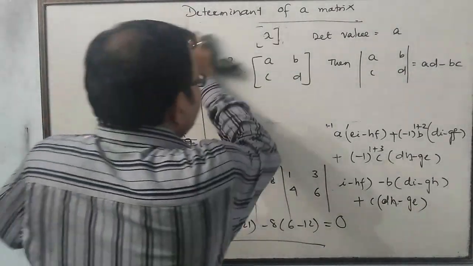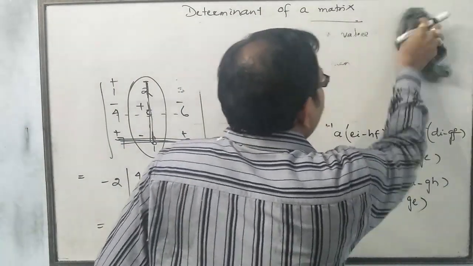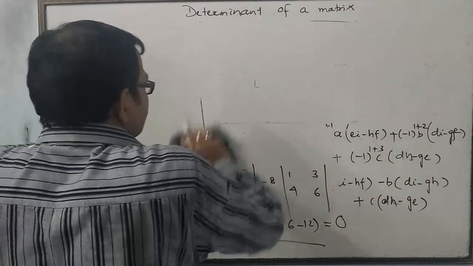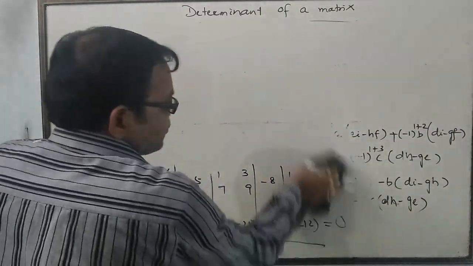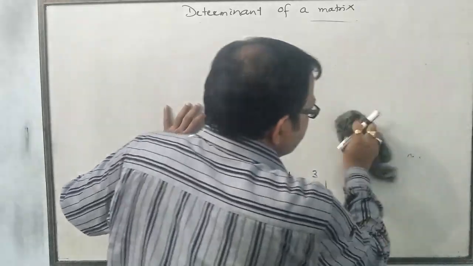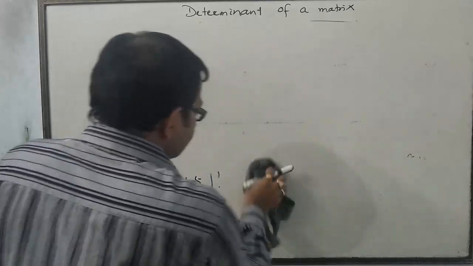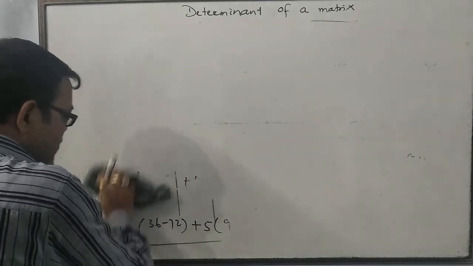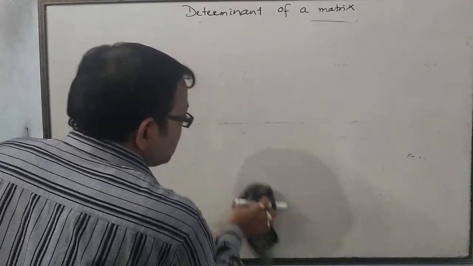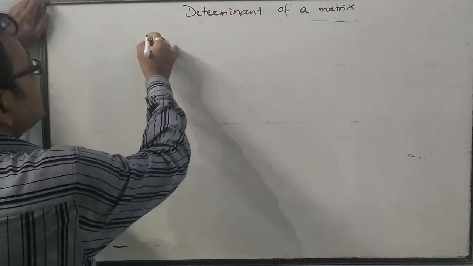Next, we will observe how to find out the determinant value of a triangular matrix. We know that a triangular matrix is a matrix like this.